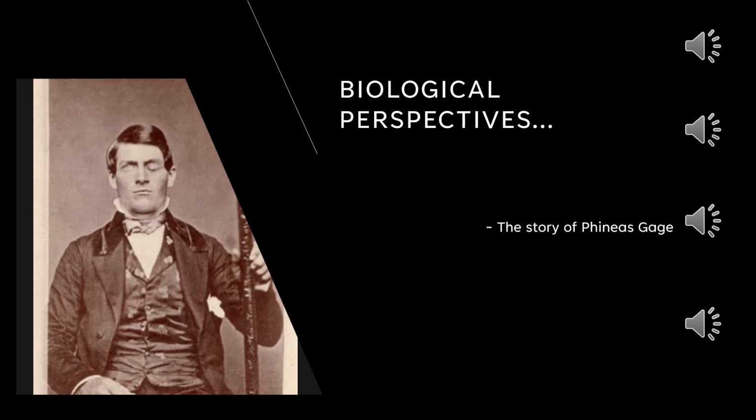So, how does our biological makeup, if it's damaged, affect our emotions and our personality traits? How is that possible? We're going to look into the frontal lobe, specifically where the injury occurred, and see what its functions are, and then we may be able to analyze why he suffered the changes that he did.